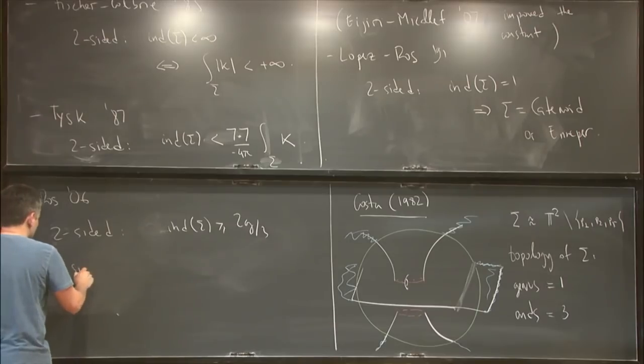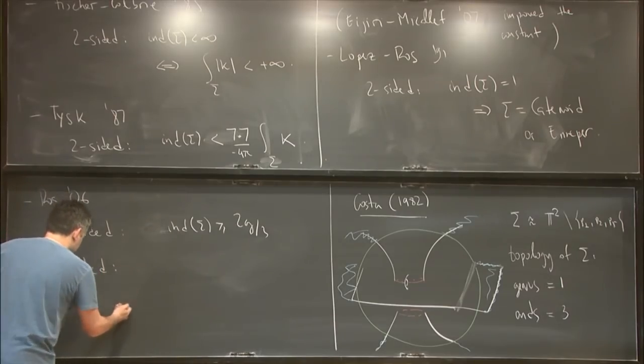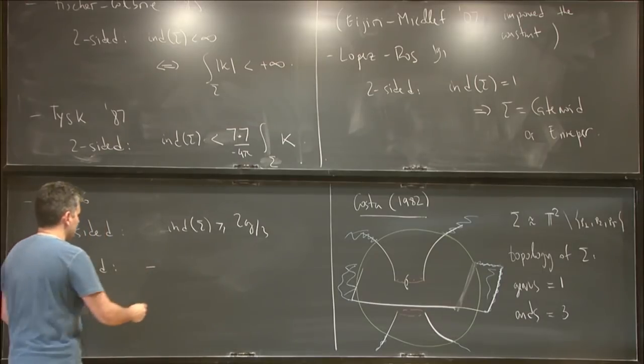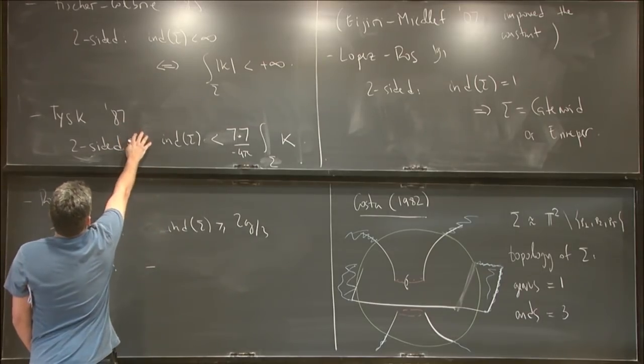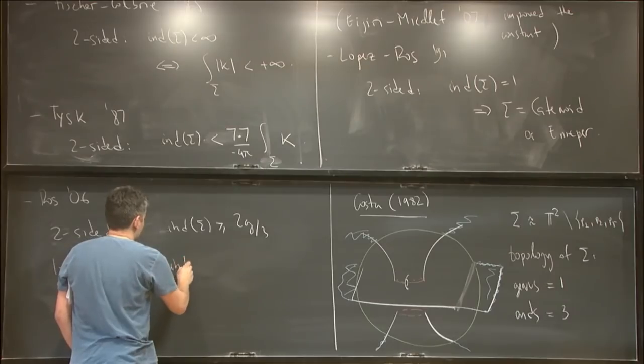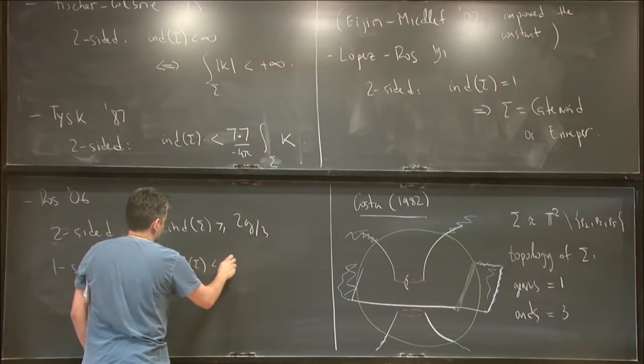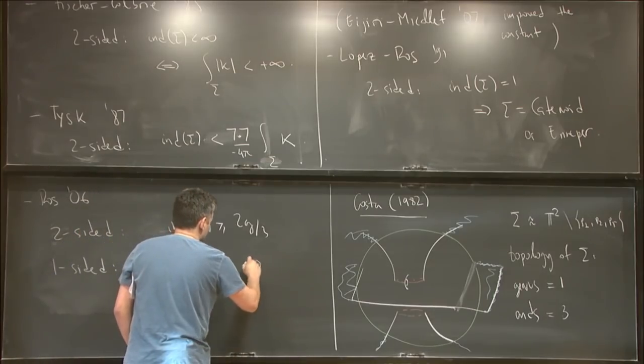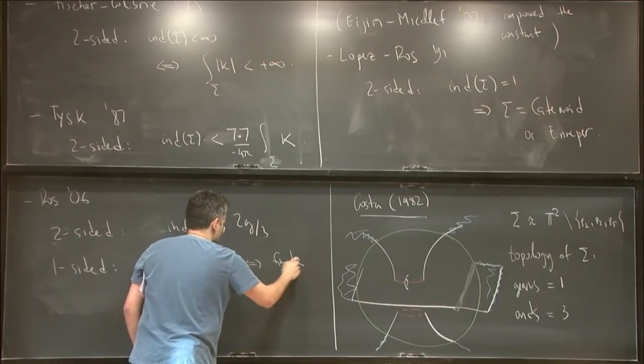And for one-sided, he showed a couple of things actually. He proved a version of this theorem, which was unknown, that the index is finite if and only if it has finite total curvature.